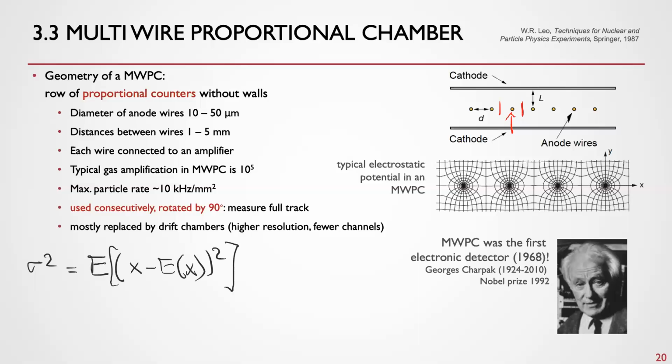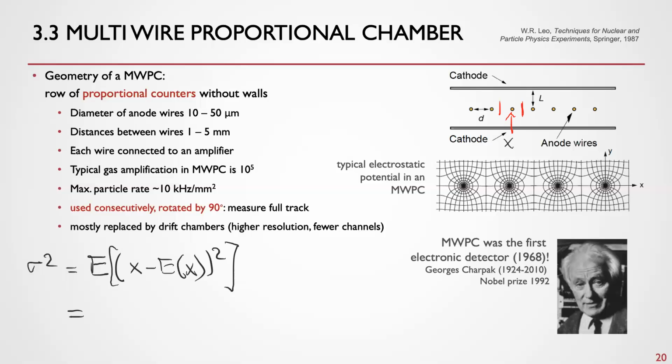So the variance of the measurement is the expectation value of the quadratic deviation. And we have to assume a uniform distribution for the probability of the distance x where the incident particle went through.